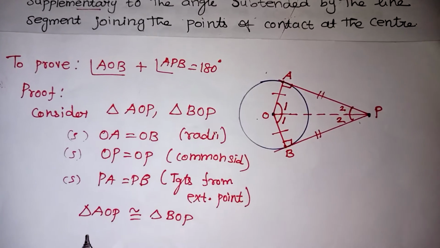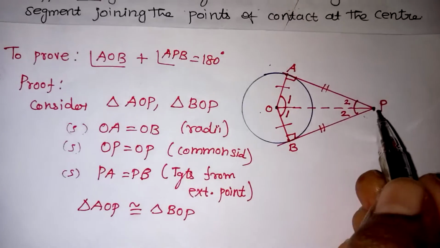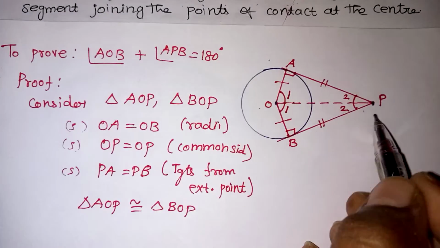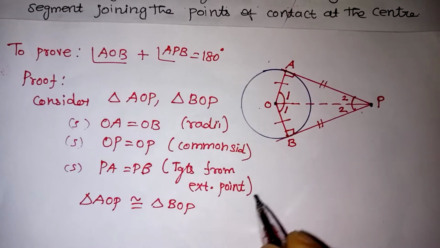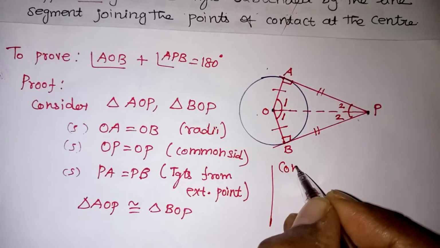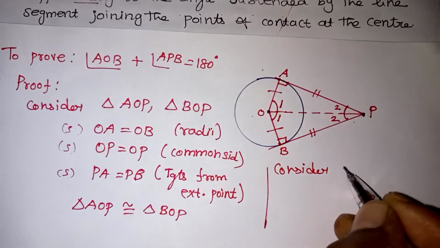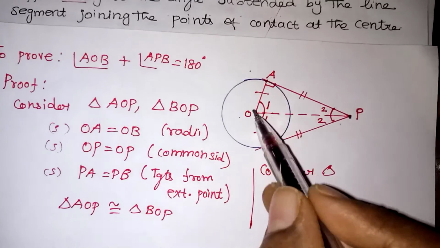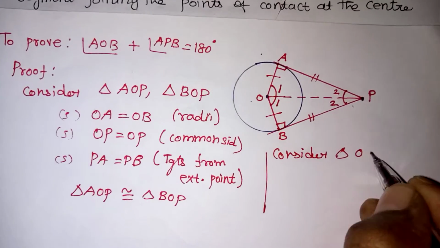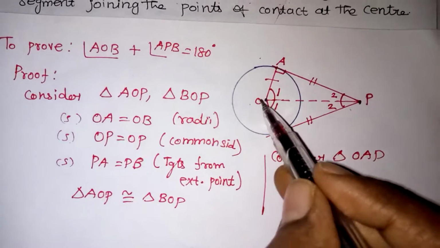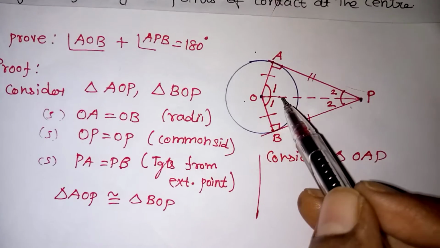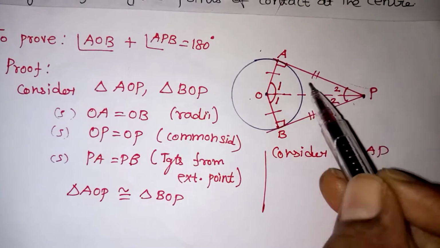So let's write it here. Let us consider one half of the triangle alone. This triangle is OAP. We have three angles in this: angle 1, angle 2 and 90 degrees.